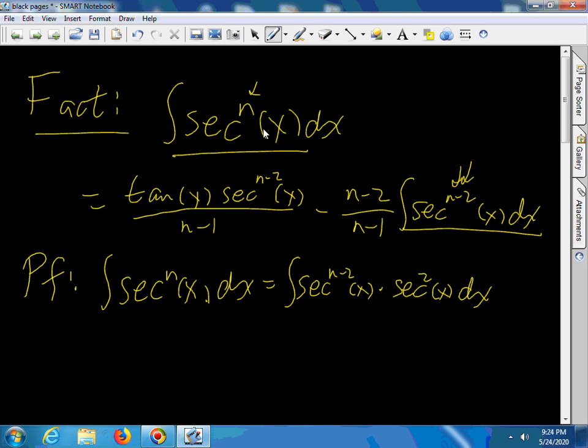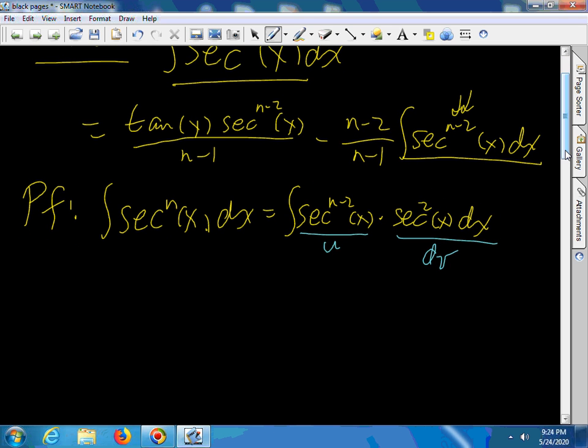And since we're doing this by parts, we call one part u and the rest dv. And please don't think you get to pick outright. It doesn't matter which you pick. It does. This has to be u and that has to be dv for what I'm about to do to work. So we let u equal secant n minus 2 of x, and dv is what's left over.